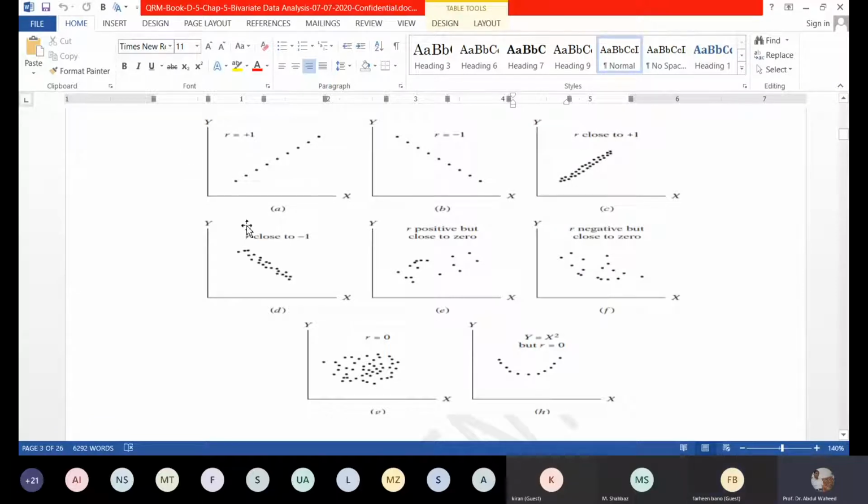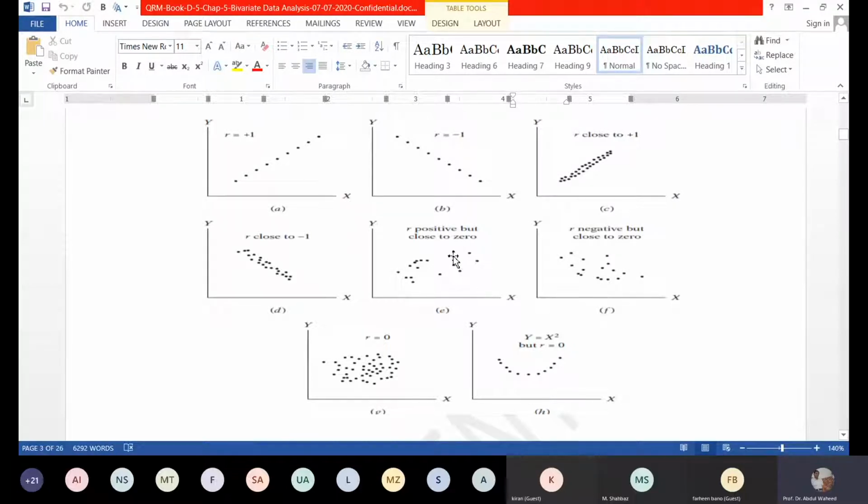This type of scatter diagram shows a perfect positive correlation, and this type shows a perfect negative correlation, because if I plot a linear line here, all points would be on that negatively sloped line. Here we have a close positive correlation. Here we have a close negative correlation.